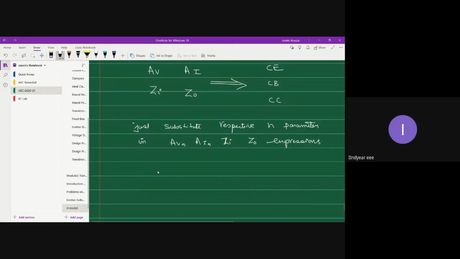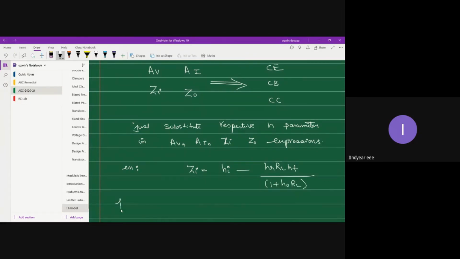For example, you had obtained Zi as Hi minus Hr RL Hf divided by 1 plus H0 into RL.